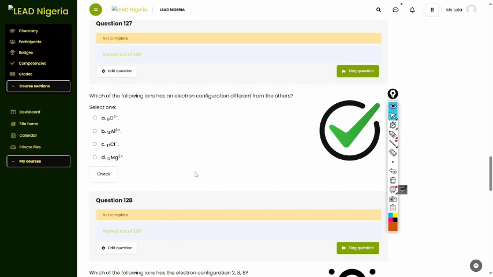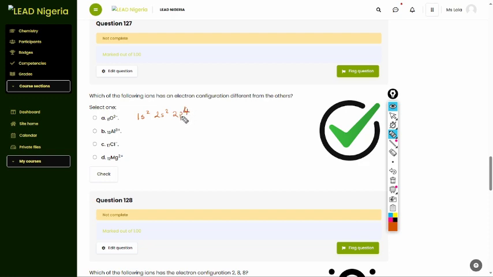Which of the following ions has an electronic configuration different from the others? Let's write out the configurations for all of these ions and see which one is different. Starting with the first one, oxygen. Oxygen has 8 electrons: 1s2, 2s2, 2p4.